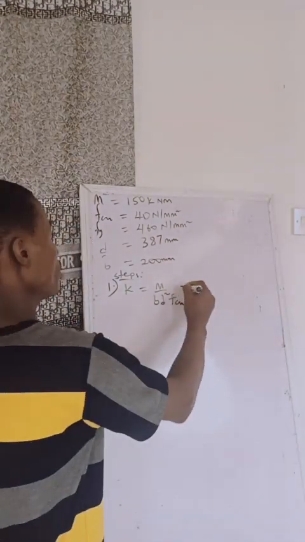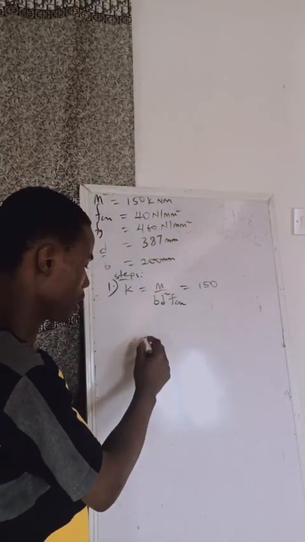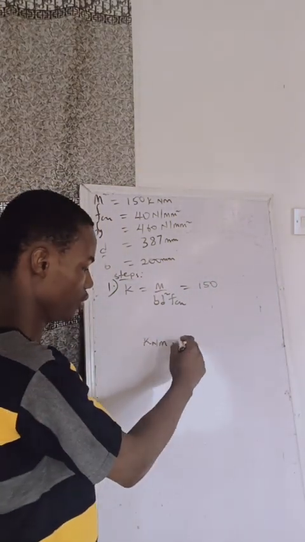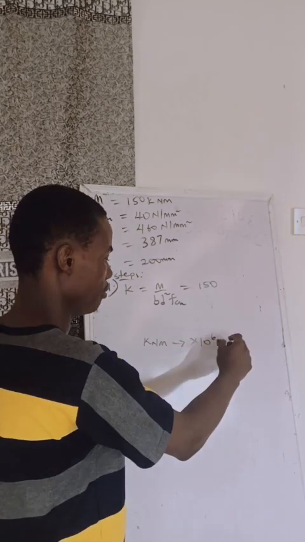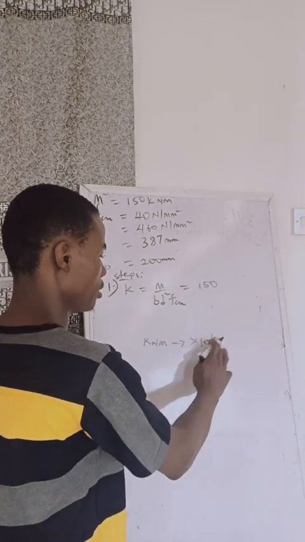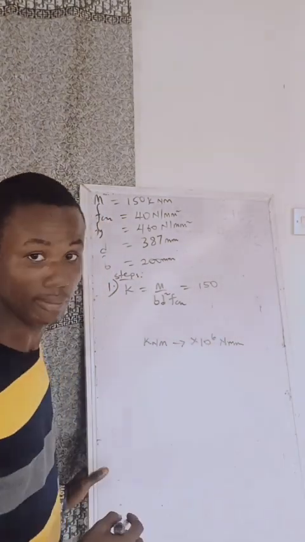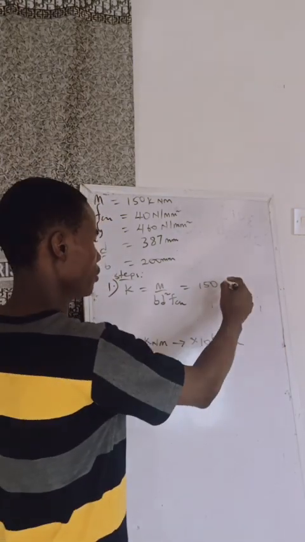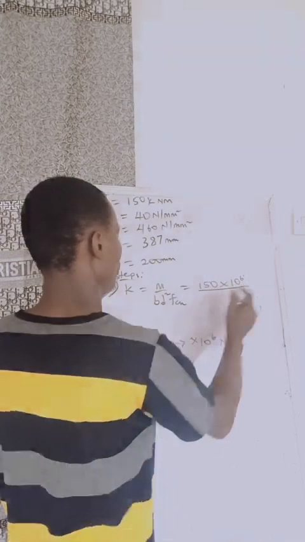We'll be given our M as 150 kilonewton meter. To convert kilonewton meter to newton millimeter, you multiply by 10 raised to power 6. So we put it here, times 10 raised to power 6 newton millimeter, all over bd square.